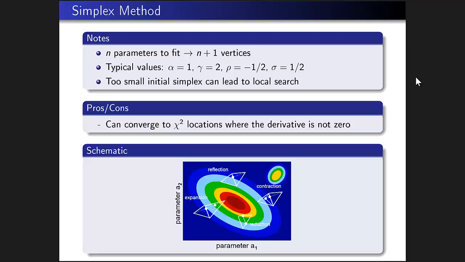But you have to be careful where you start your triangle, and how big it is. You could pick a really small triangle and just morph around in a little space. So you have to pick your simplex large enough that you're sampling the more global space. A negative of this method is that it can stop when the derivative is not zero.